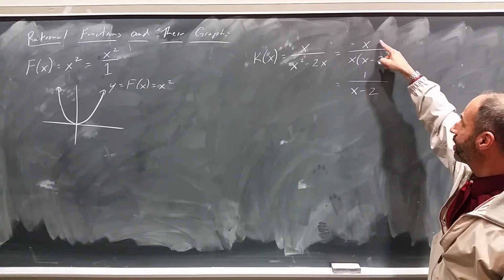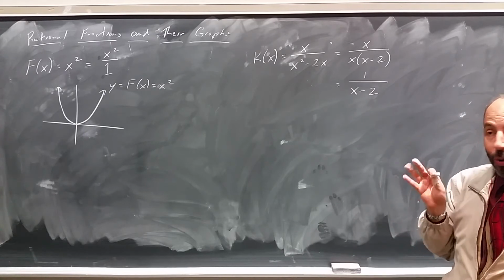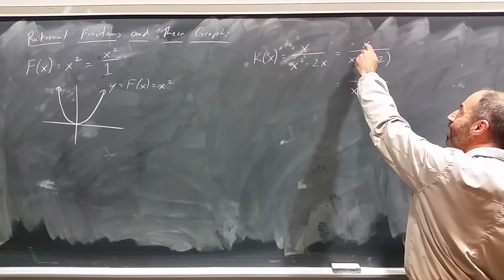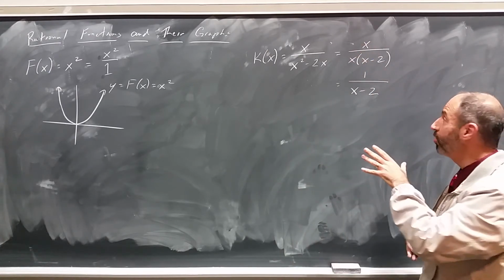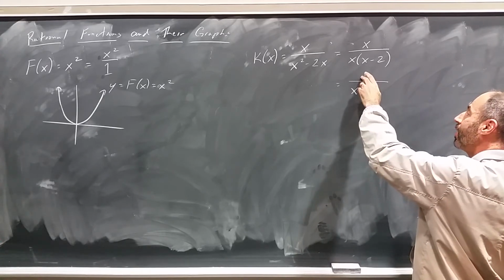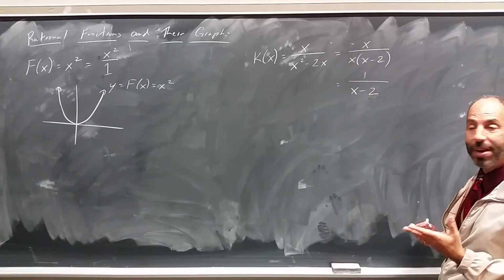This function right here, and this function right here are not equivalent. You can see that that's the case because up here, if I plug in x equals 0, I end up with 0 divided by 0, that's garbage. But if I plug in x equals 0 down here, I end up with 1 divided by negative 2, negative 1/2, that makes sense.